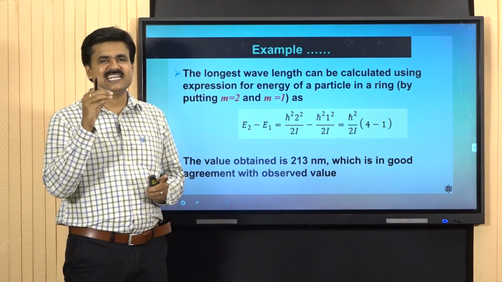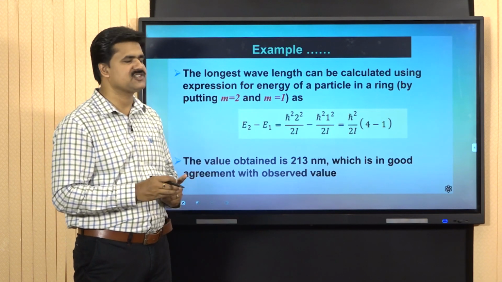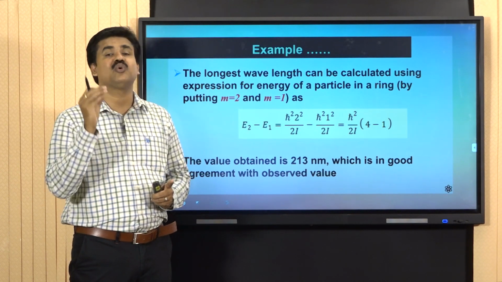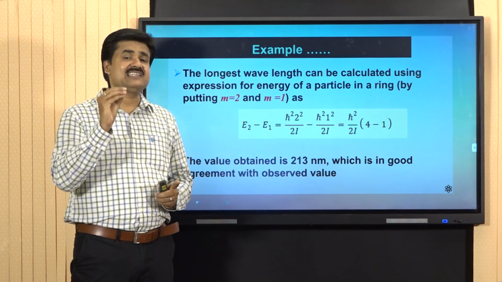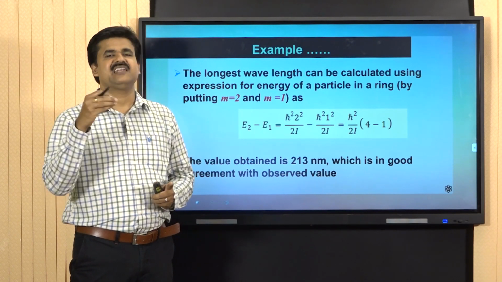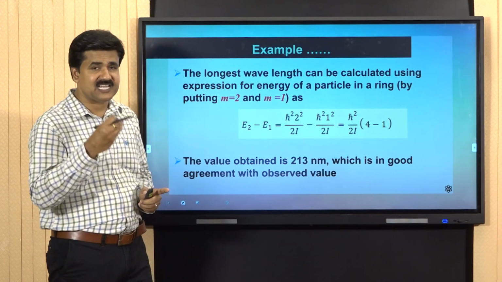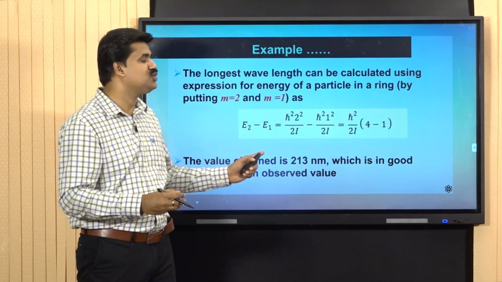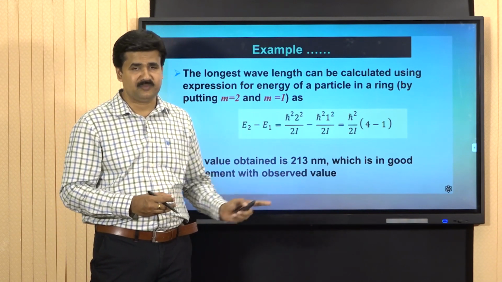By substituting the necessary values in that expression, we get delta E, or the energy separation. That energy separation can be converted to wavelength, and the wavelength value obtained is equal to 213 nanometer.